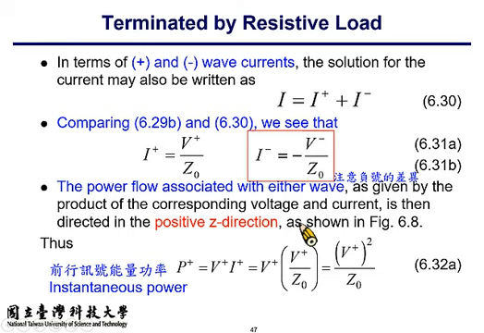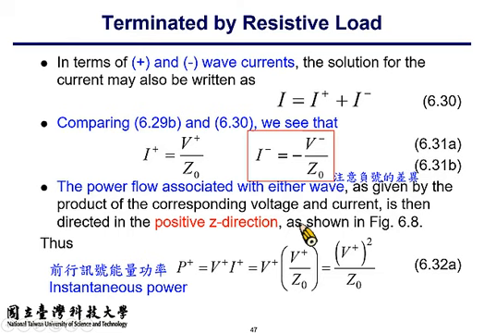Individually, they abide by the ratio of the characteristic impedance, which is defined by the transmission line. However, the total voltage over total current ratio does not necessarily equal the characteristic impedance. All right? The next thing is to look at the signal on the transmission line in terms of power.